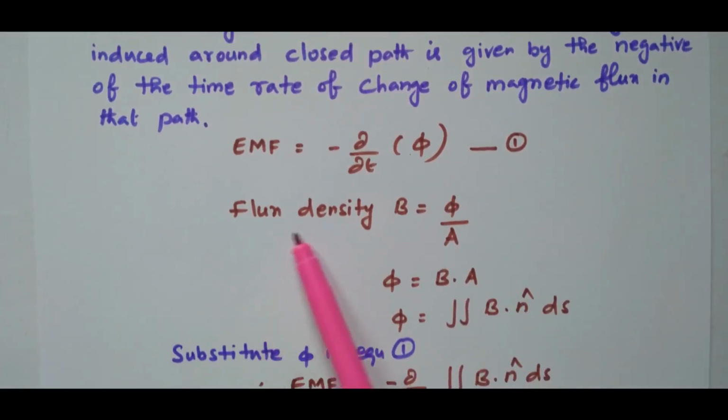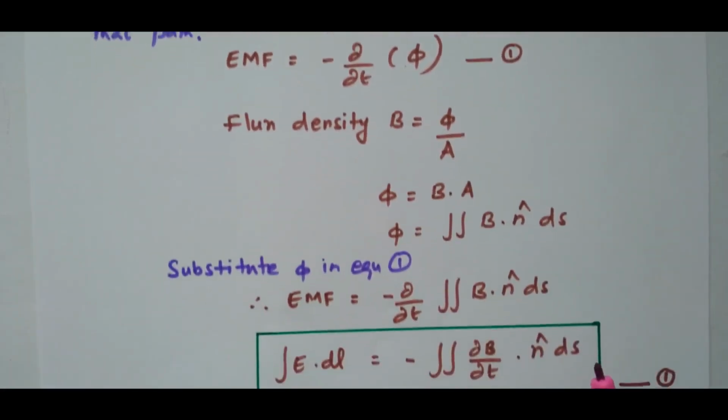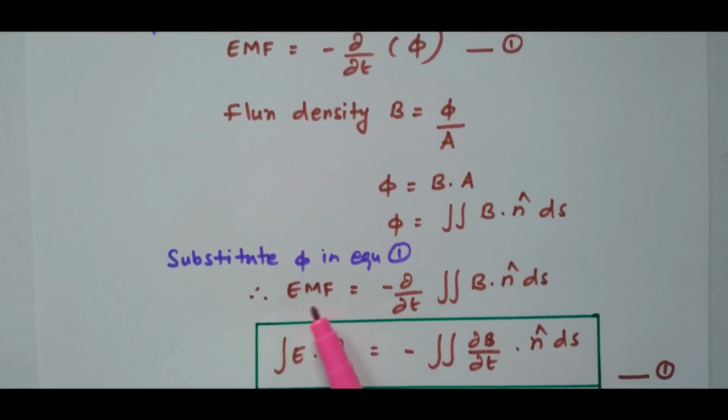Now we'll see the flux density B equal to phi by A. By cross multiplying, phi equals B into A. That can be written as phi equal to double integral B dot n cap ds. Now we'll replace phi with this expression in equation 1, so the EMF becomes minus dou by dou t of double integral B dot n cap ds.